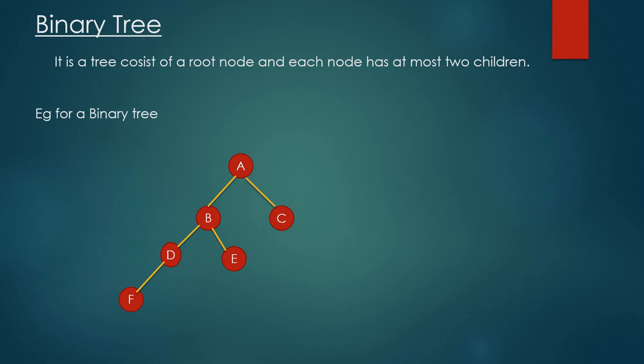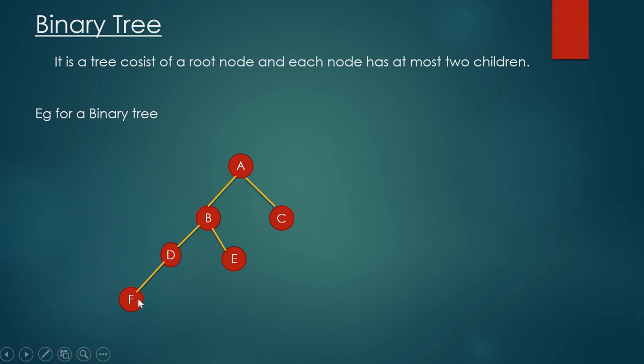Next one, binary tree. What is a binary tree? It is a tree consisting of a root node where each node has at most 2 children. That is, it is a tree and the maximum number of children is 2. See here, this is a binary tree.